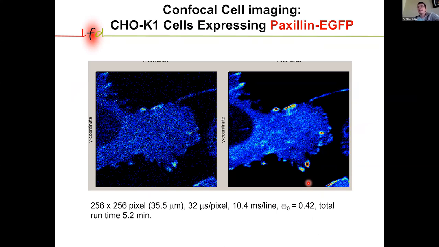So you see a typical image acquired in the laser scanning microscope. And those bright spots are the focal adhesions near the glass where the cell connects to the coating of the glass, which in this case, I believe was fibronectin.